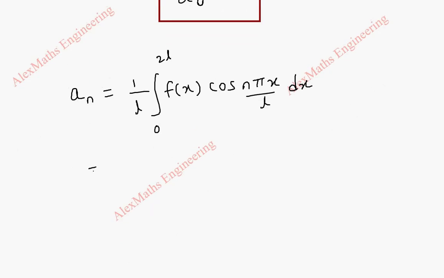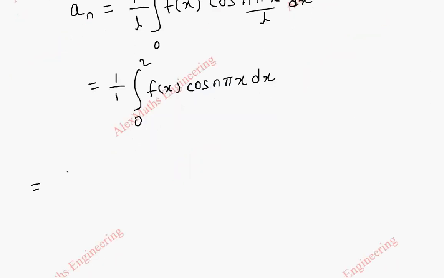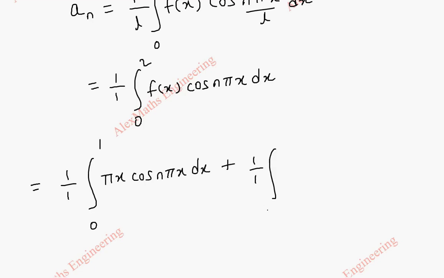Since L is 1, we get 1 by 1 integral 0 to 2 f of x cos n pi x dx. Now we are going to split this into two parts. One is from 0 to 1 pi x into cos n pi x dx, and again 1 by 1 integral 1 to 2 pi into 2 minus x into cos n pi x dx.